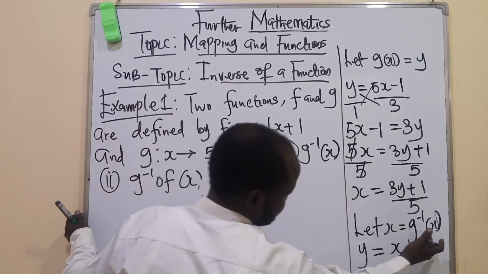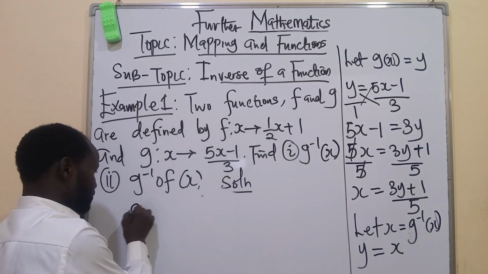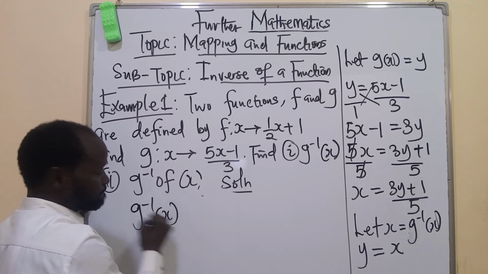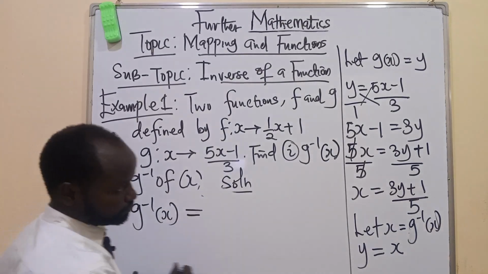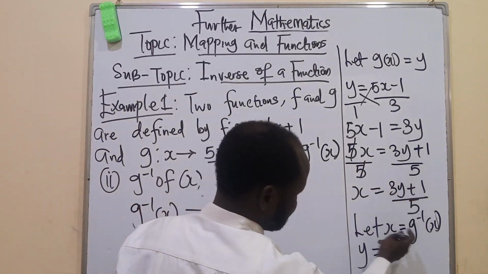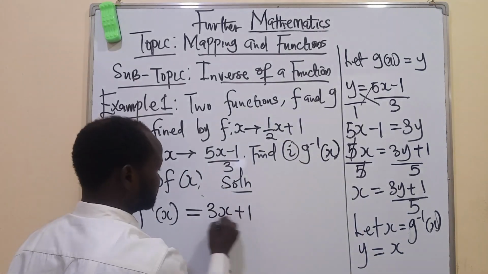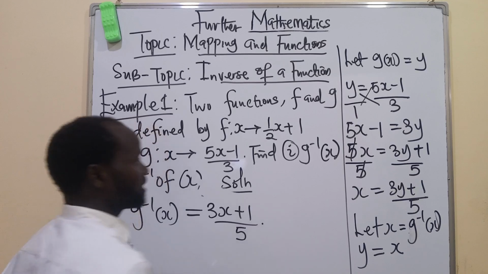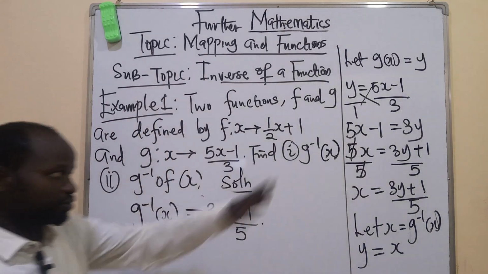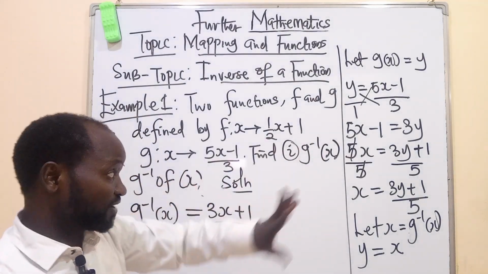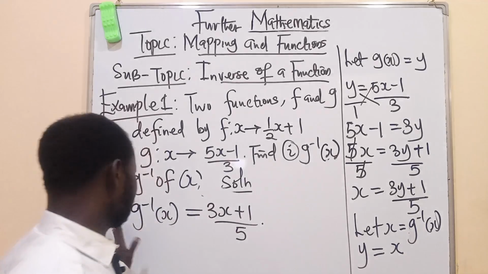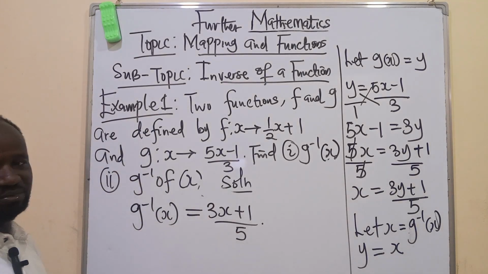In place of this x, we put g inverse of x. So g inverse of x now will be equal to, anywhere we see y, we replace it with what? X. That will be (3x plus 1) divided by 5. And this will be the solution to (i), because we are asked to find the g inverse of x. So this is the solution to (i).